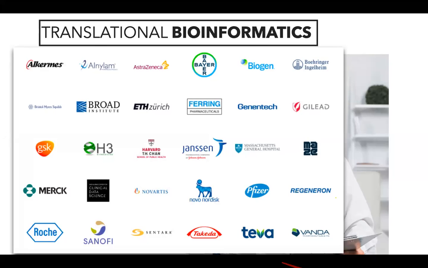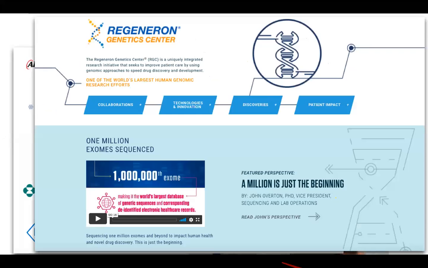One of the other examples is Regeneron, and I think you must have heard about this company. This is a page from their website, and you can see how much genetic information they are collecting, and they are using this information that impacts human health and plays a huge role in novel drug discovery because of the complexity that we have understood after the Human Genome Project, of course.